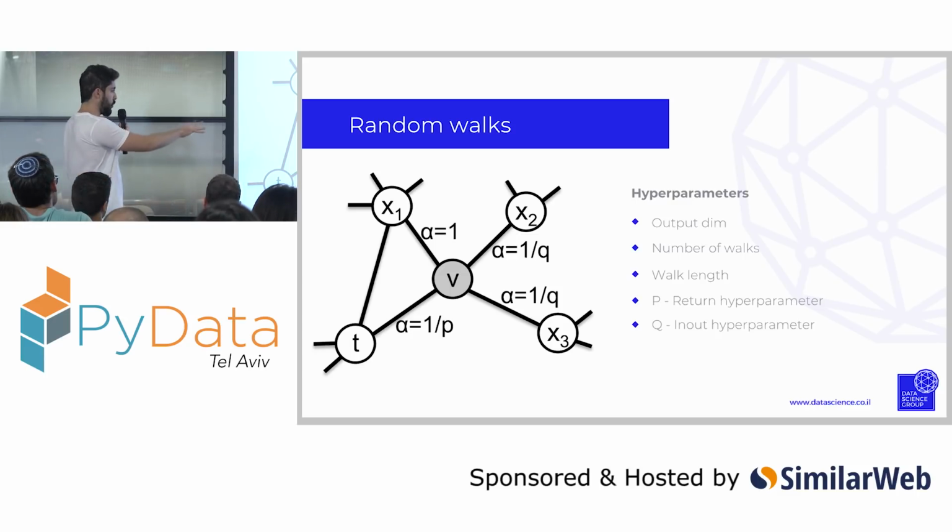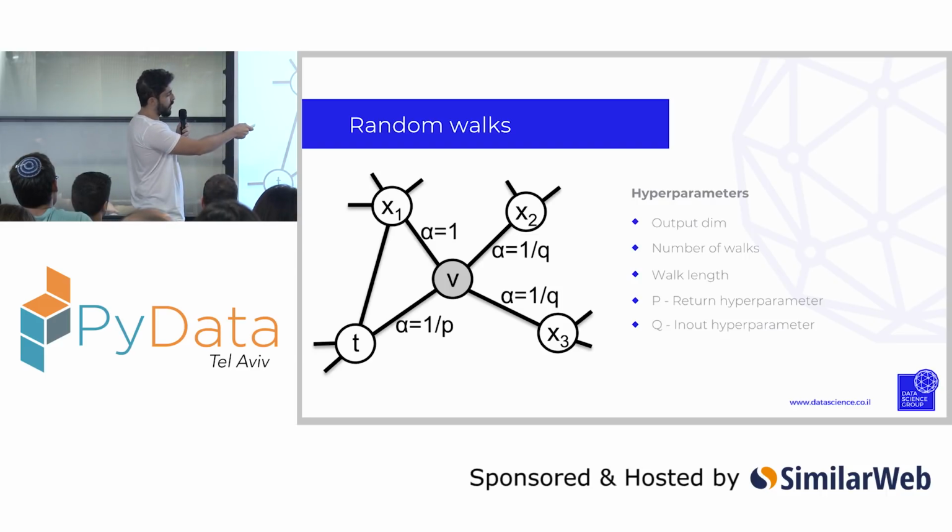So let's explain these two parameters. First one is the P parameter, the return hyperparameter. Consider this small sample of a graph where we just started a walk and we transitioned from T to V, right?